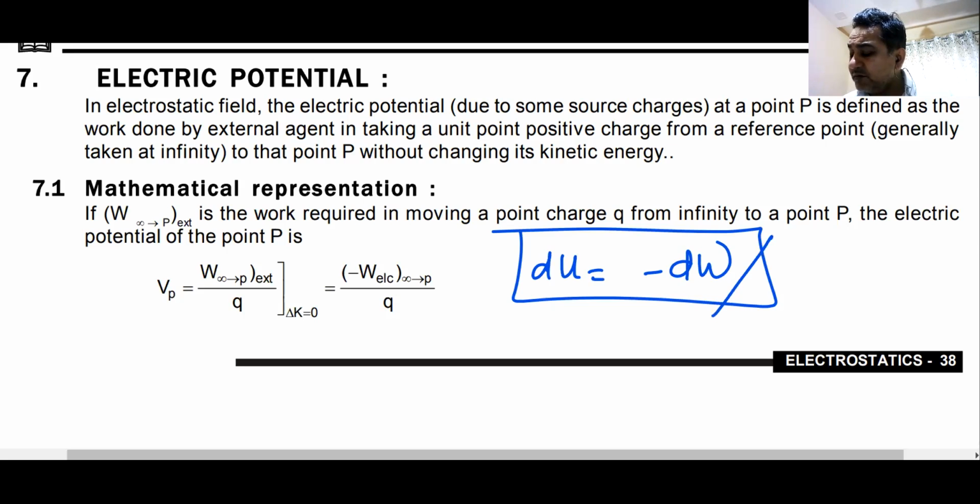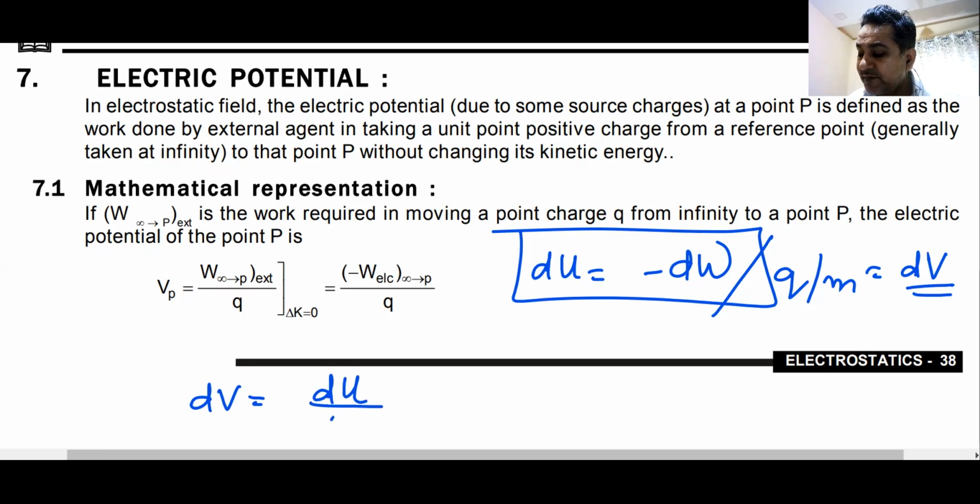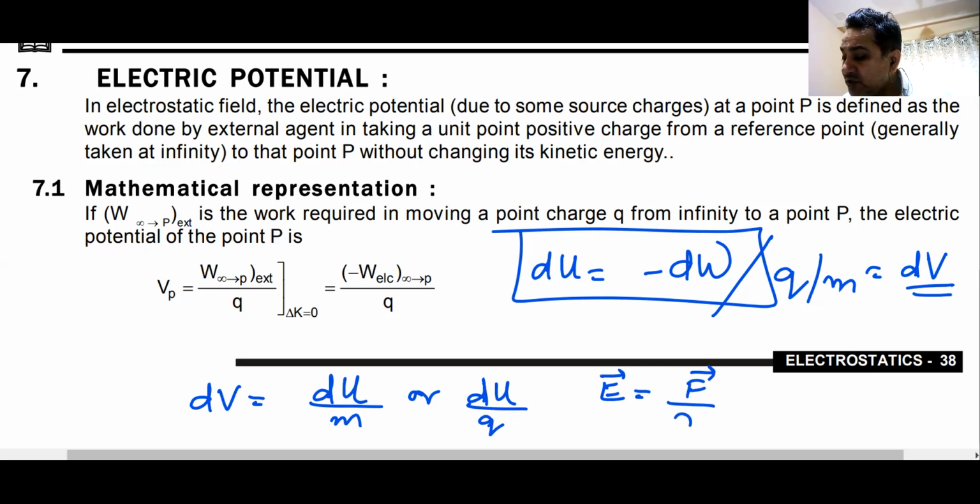And if you divide this work done by charge q or mass m, this becomes the change in potential. So potential and potential energy are related to each other. Change in potential is change in potential energy divided by mass, or change in potential energy divided by charge. Do we understand this? The relation between potential and potential energy is same as the relation between force and charge, because electric field is force divided by charge or force divided by mass.